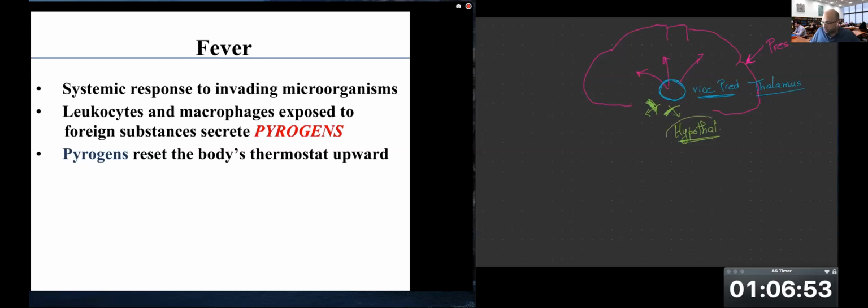So one of the functions of the hypothalamus is to regulate your body temperature. In the hypothalamus, you have nerve cells that will act as a thermostat of the body.